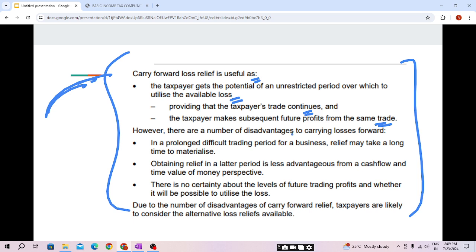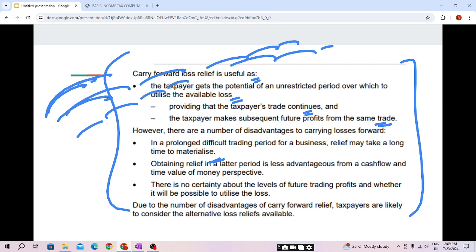However, there are a number of disadvantages of carrying loss forward. In a prolonged difficult trading period of a business, that is, if a business is incurring losses every year and carry forwarding it, it will be too long. Relief may take a long time to materialize. That means if I am incurring loss for continuous 5 years, then the loss of this year will be claimed in the 6th year.